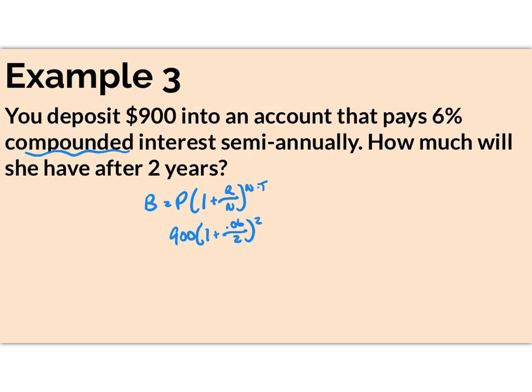Semi-annually, the exponent is 2 times 2 years. Okay, here we go. So we had 900 times 1.03 to the 4th power, which will give us $1,012.96, and we're rounding these numbers to the nearest hundredth. There were more decimals behind the 5, but we rounded it up to 6. Okay, those are our 3 examples.